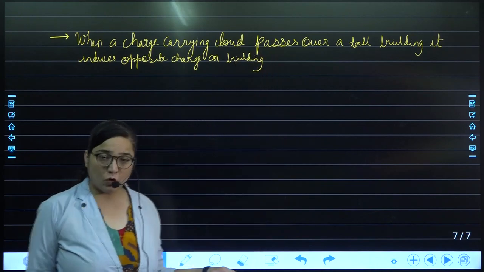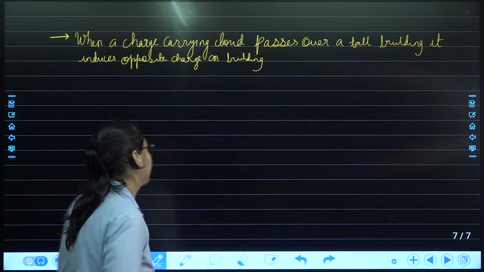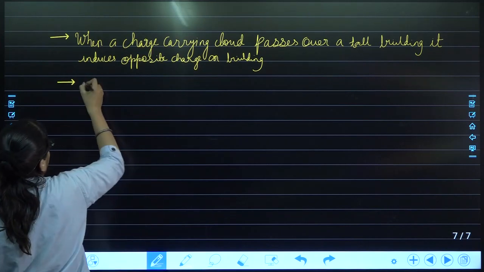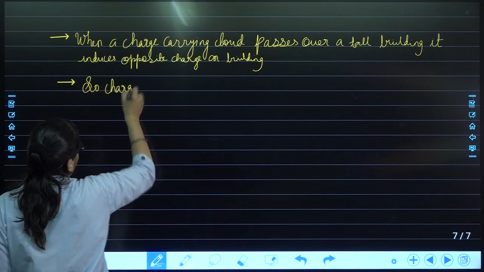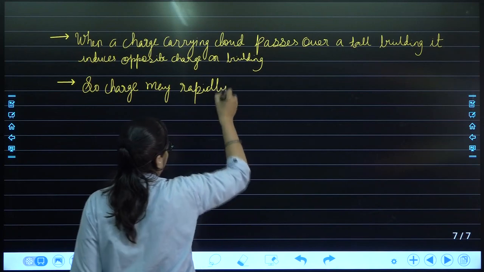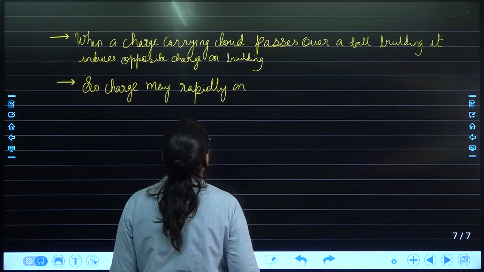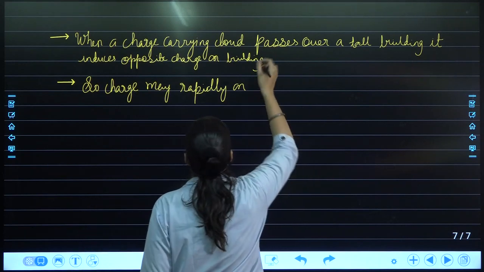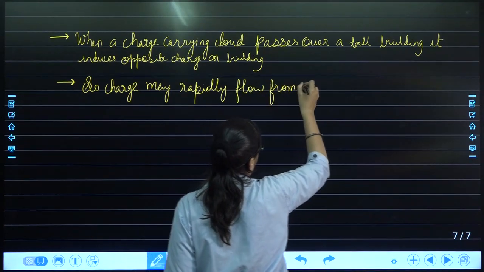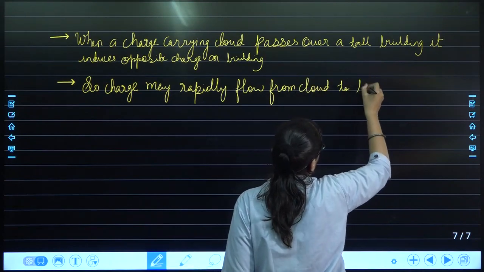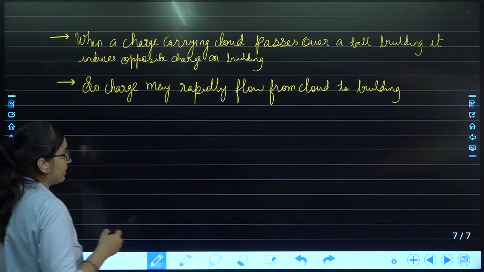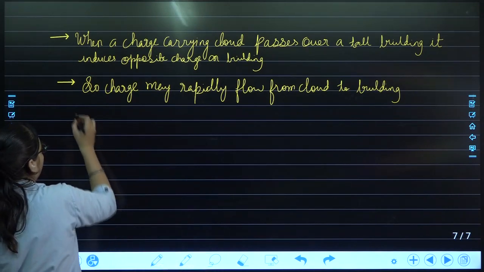So, the flow may occur from the cloud to the building. And this is how lightning strikes on the building.